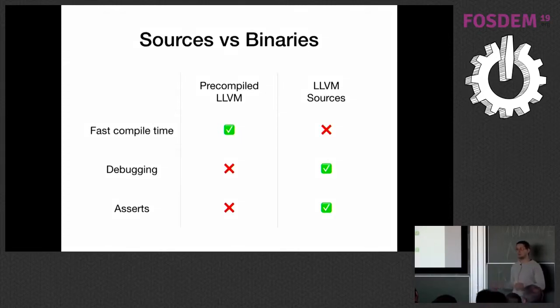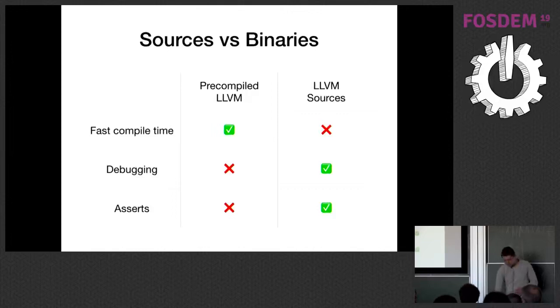If you enable assertions, then it crashes. But it worked in our case somehow, rather by accident, but still. Yeah, so as a downside of building against source code, you have lots of time to actually build LLVM.